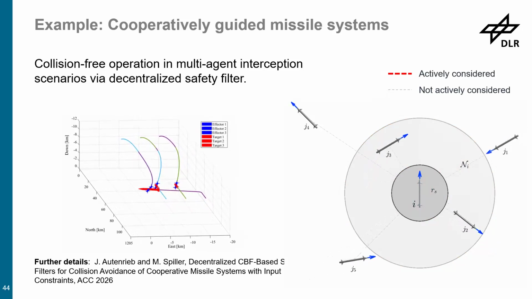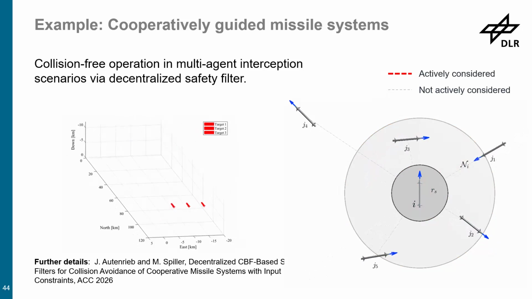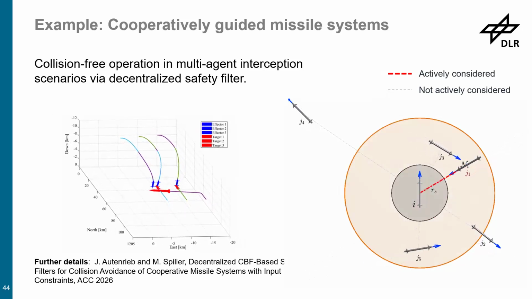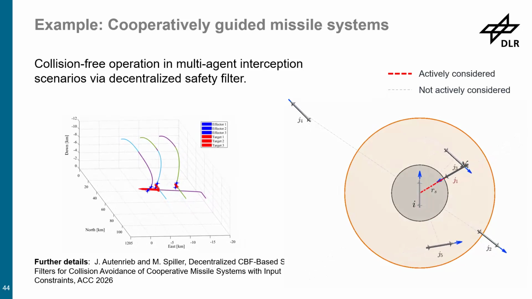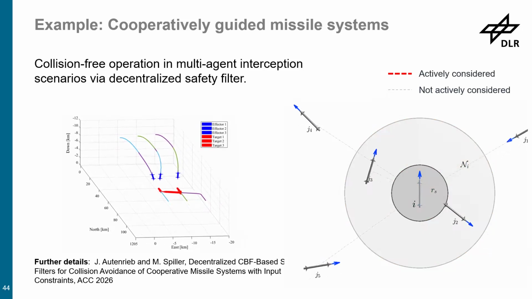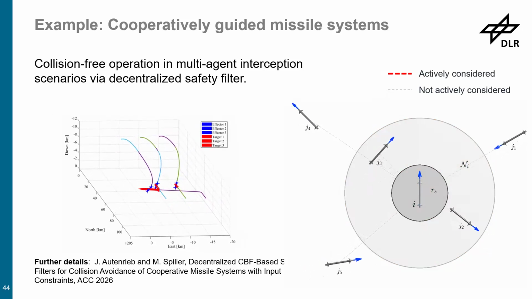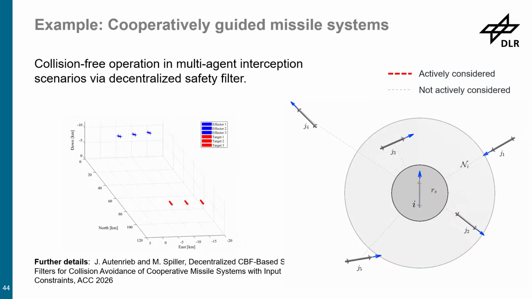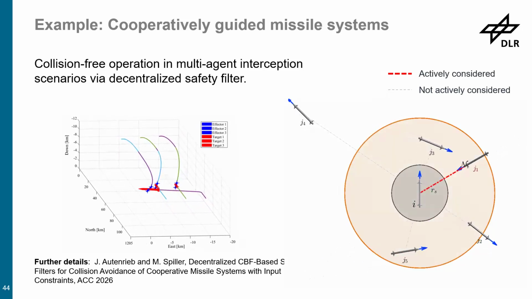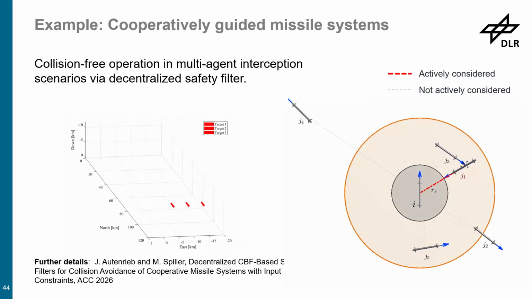So we just framed this as a neighborhood problem. We said, okay, there is an event-triggered neighborhood, which has some notion of geometry, so distance, but at the same time also some notion of criticality, in the sense that the zero-effort miss distance is considered, as well as the direction of the velocity vector.